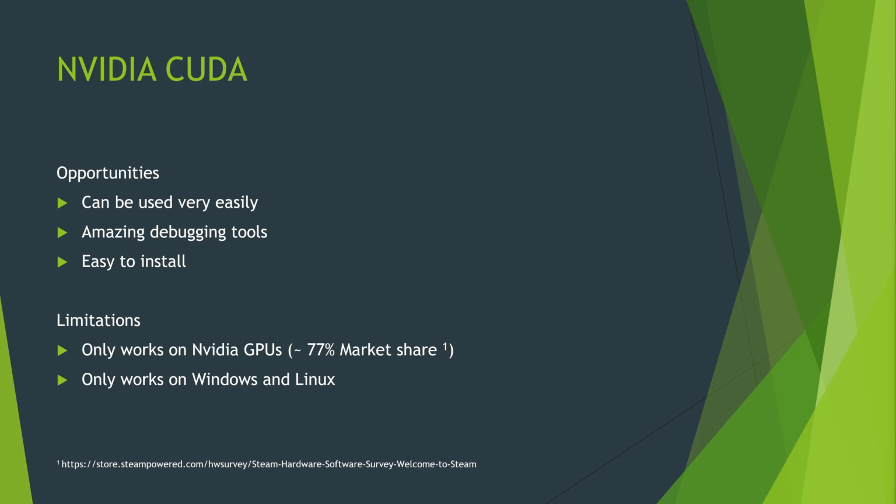If you're gonna do some other alternatives that I'm gonna tell you later on, you are limited, or you have a very complicated API that you need to use to get things up and running, or you have issues with installing, but we're gonna get to that. So CUDA is very easy to use. You can easily debug this. Nvidia provides amazing debugging tools that you can use for your applications, and it can be easily installed and you are fast up and running.